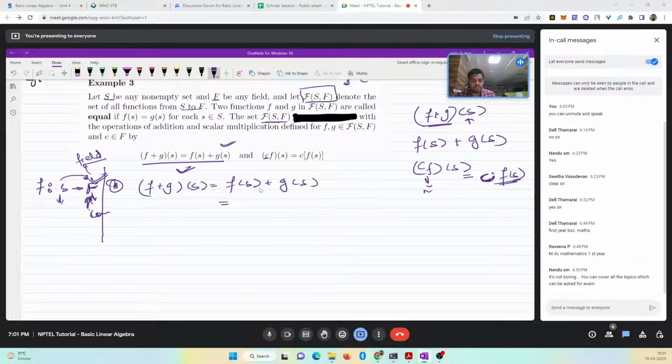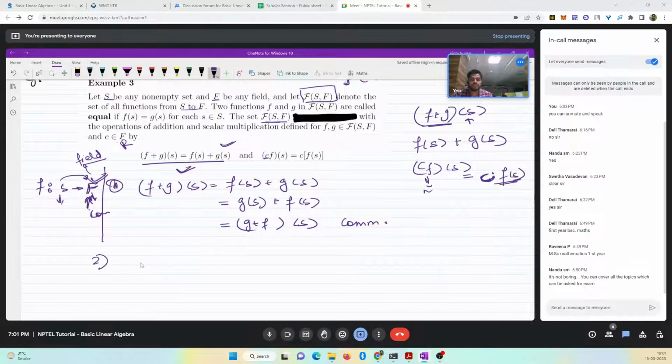So these elements are already commutative. So you can write it like this, and rewrite it like this. These two are equal, hence commutative.